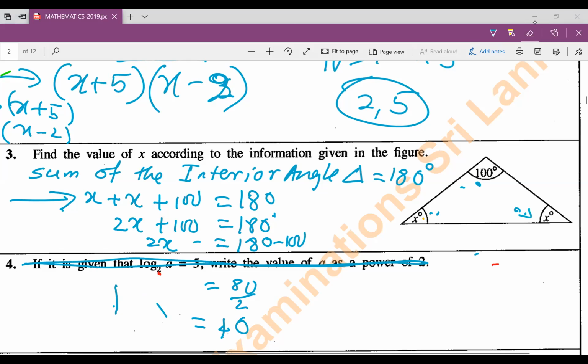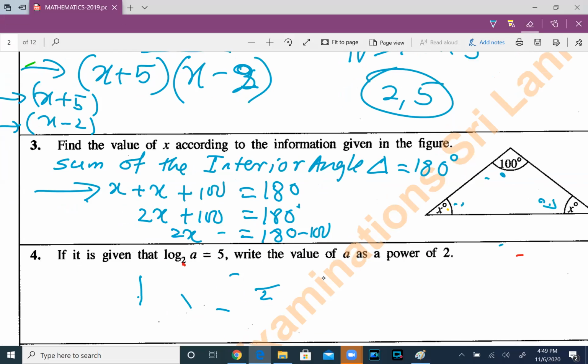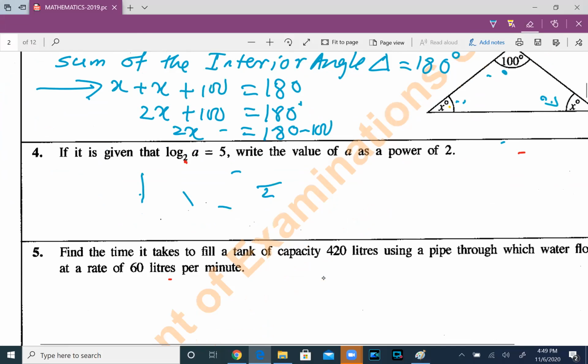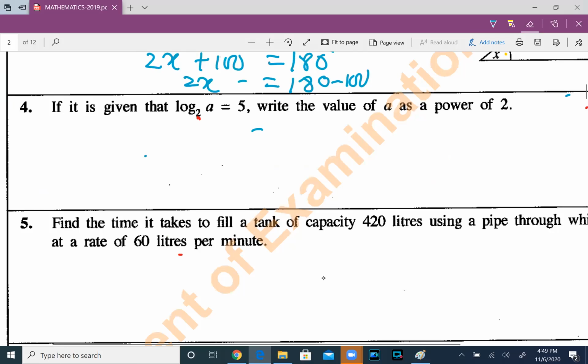Okay, next question is: if it is given that log 2 to the power a is equal to 5, you need to write the value of a as a power of 2.